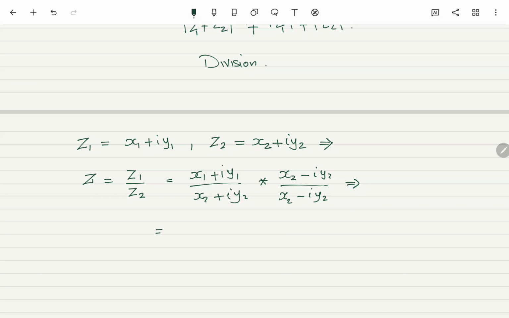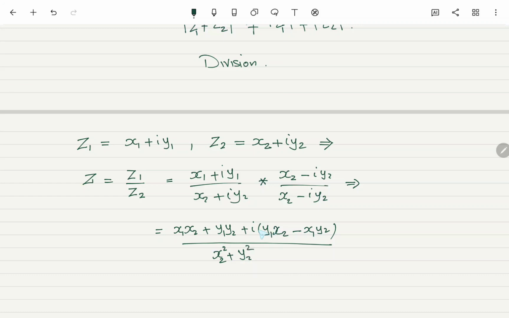Since this is multiplication, you multiply the numerator by numerator, denominator by denominator, and you get x1 x2 plus y1 y2 plus i (y1 x2 minus x1 y2) divided by, when you multiply a complex number by its complex conjugate, the result is x2 squared, as we defined before, plus y2 squared.